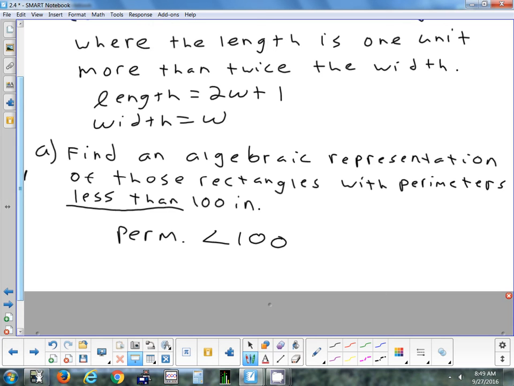I know its length and we know its width. So what would the perimeter be? Amanda, you thinking about it? Would it be 2 parentheses 2w plus 1 close parentheses, plus 2w?